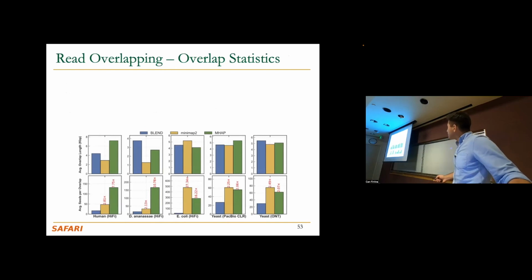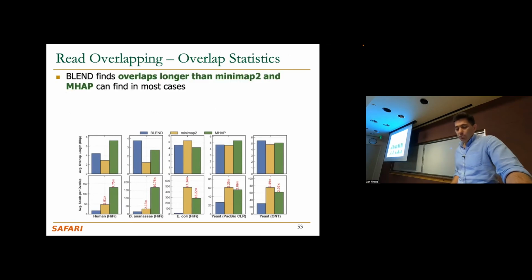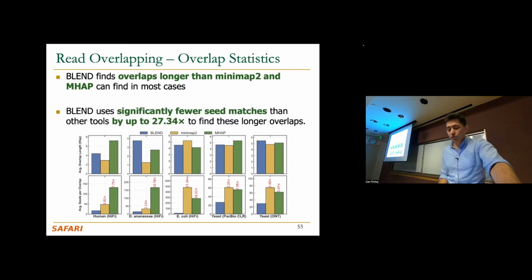These are the results about overlap statistics. The one above shows the average overlap length that each tool is finding, and the one below shows the average number of seeds used to find these overlaps. We show that BLEND can find overlaps longer than Minimap2 and MinHash, which is important in order to generate assemblies that are contiguous and fully accurate.